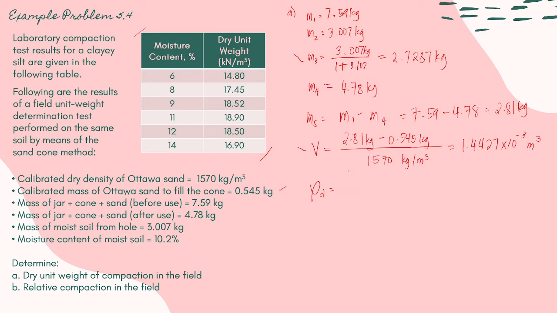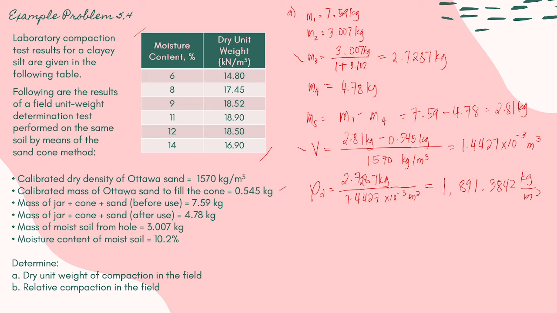This is equal to 2.7287 kilograms all over 1.4427 times 10 raised to negative 3 cubic meter, which is equal to 1,891.3842 kilograms per cubic meter.